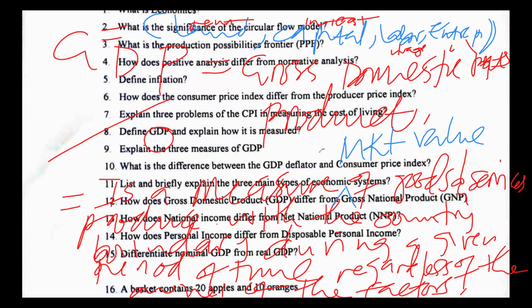And the key word is that it's a measure of the market. So we are measuring the market value of whatever goods are being produced. All the goods that you produce as a country have to be captured, their final value, the market value of the final goods and services, not the intermediate goods.